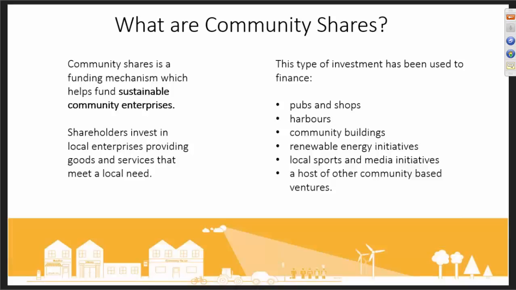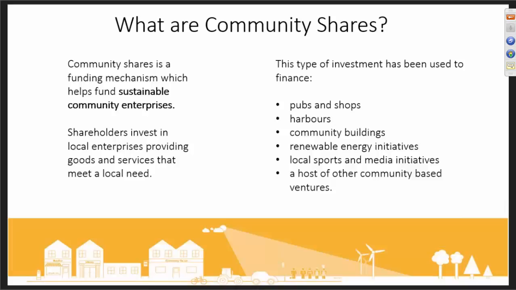As I hope you could tell from the animation, this is essentially about raising finance. This is a funding mechanism, and it's about raising finance for sustainable community enterprises. The reason I've put that in bold on the first slide is those are the key first-step things that you have to consider.